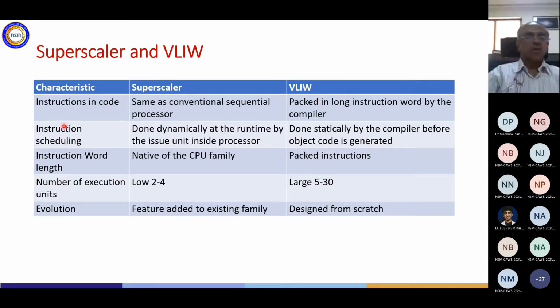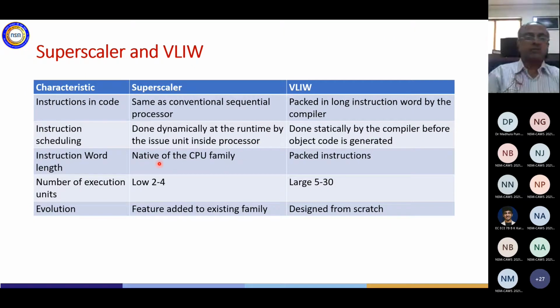How are instructions assigned to the execution units in superscalar? Dynamically. Who does it? The issue unit. It checks the dependency. Whereas there is nothing like an issue unit here. Why? Because it is already done statically by the compiler. That is where the static-dynamic interface comes into the picture, and that is the significance of VLIW. Instruction word length: it is native to the CPU family.